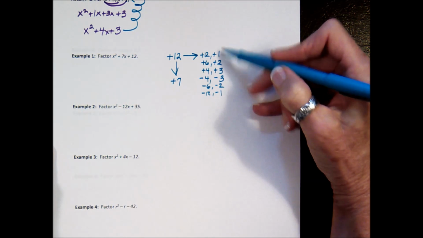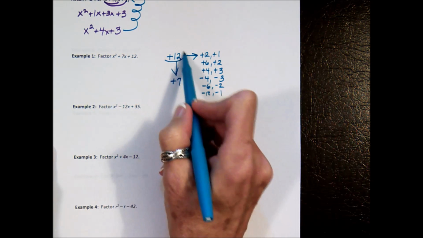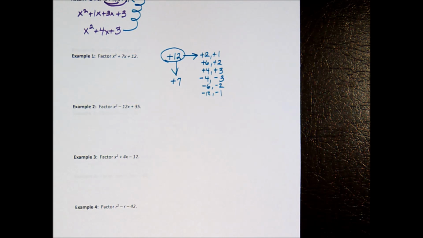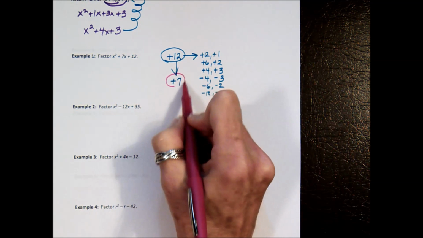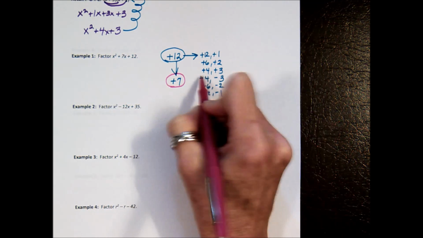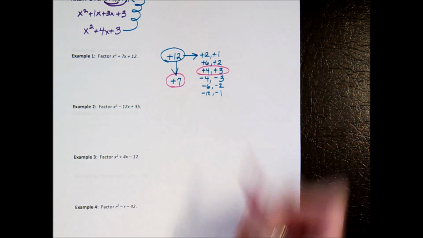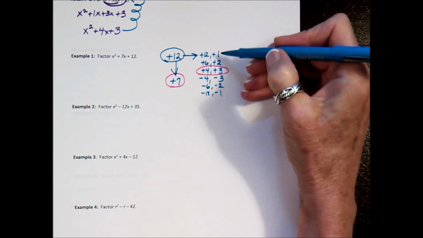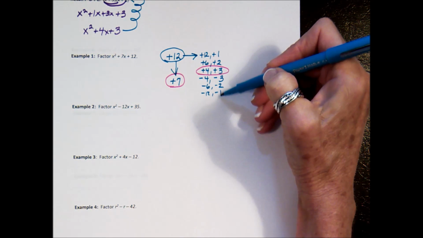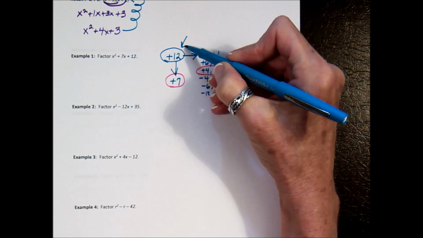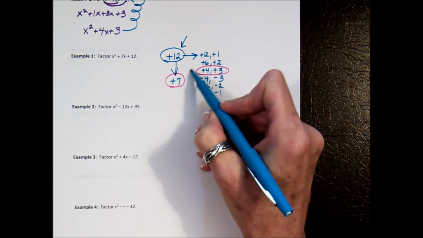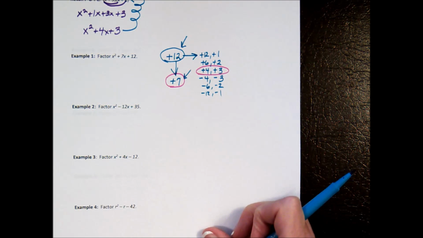They all multiply to make positive 12, but only one set of them also does double duty and adds together to make positive 7, and that is positive 4 and positive 3, and that will always be the case. There can be a long list of factors that make this, but there will only be one set that also make this when you add them.